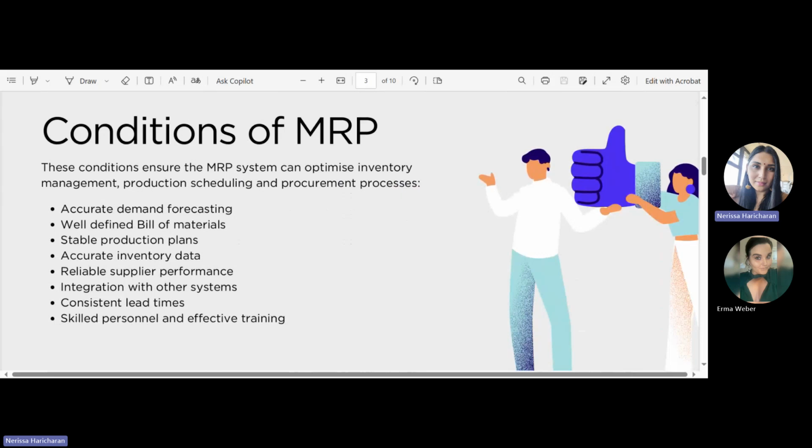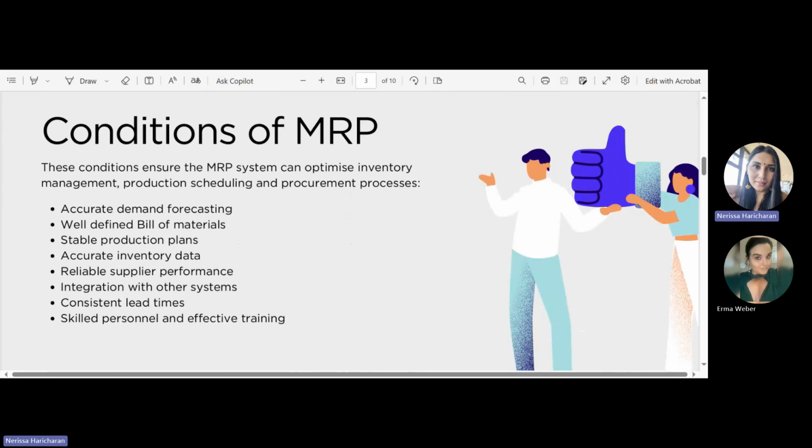Then we look at stable production plans. Your MRP works best in an environment where your production is as stable as possible, especially when we're looking at your production schedule, with very little disruption in your manufacturing process.